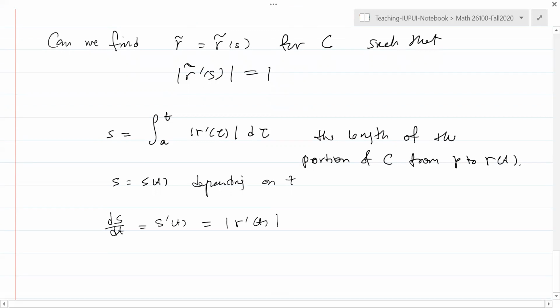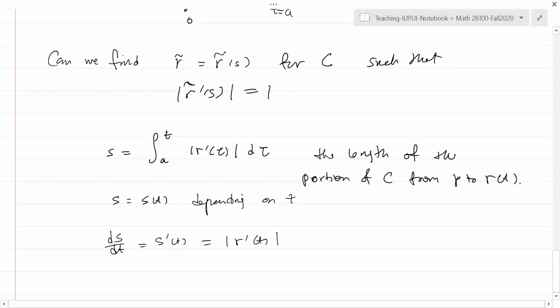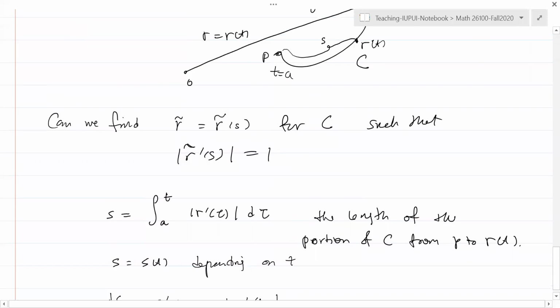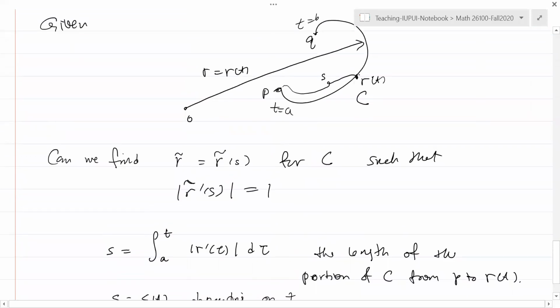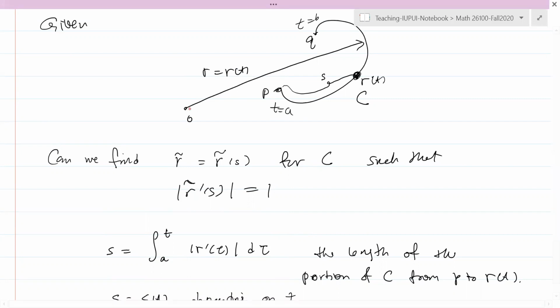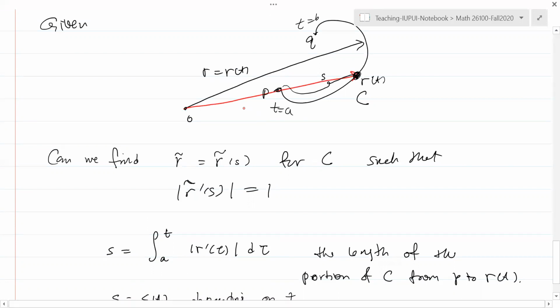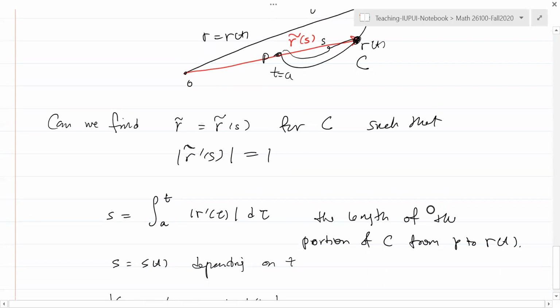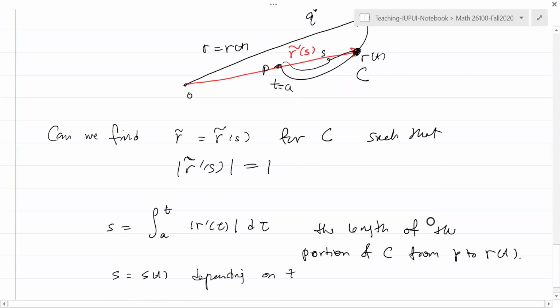Now I'm going to denote this particular point by another vector which depends on s. So I'm not going to use r, I'm going to denote the vector from here to here by r2 of s. Then I get a new parametrization.